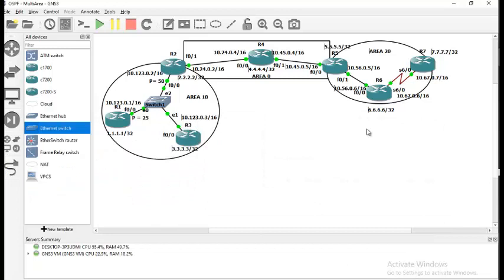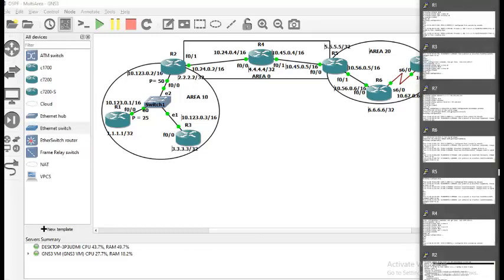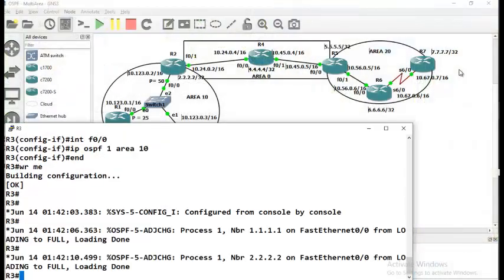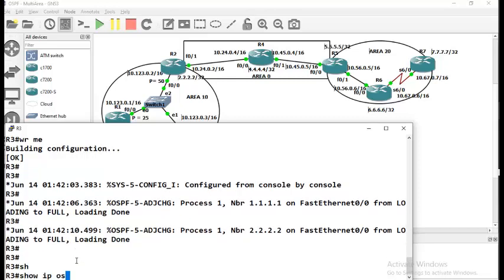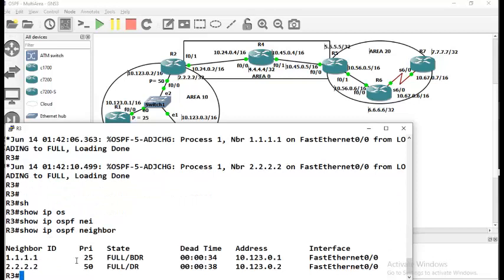Now, let us go back to R3 and see how many neighbors R3 has got. R3 should have got 2 neighbors now. I can see that. Router 1 and 2 are already neighbors, loading to full. Now, when I say show ip ospf neighbor, I can see 2 neighbors. You see, the one with the bigger priority, on router 2, we gave 50.